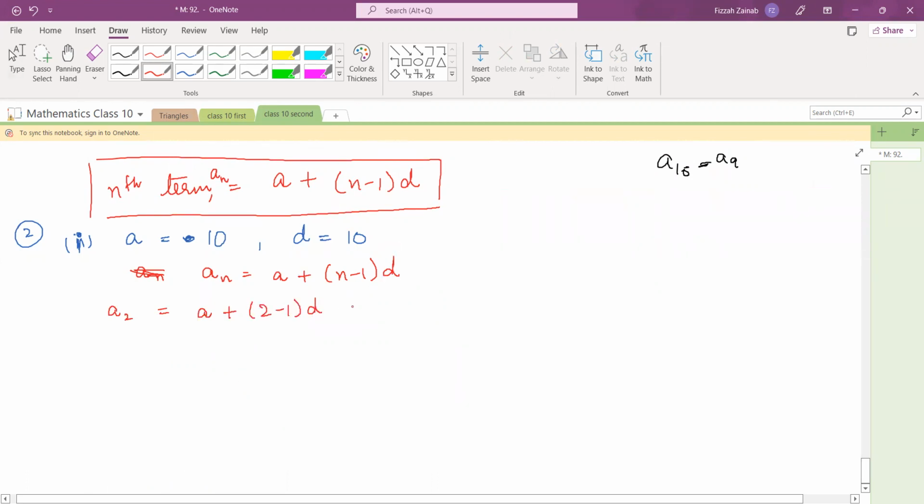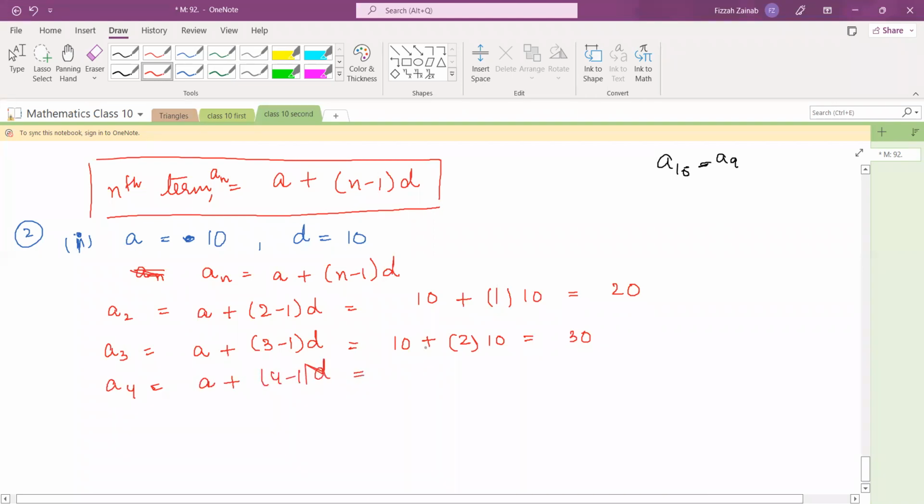Put the values: a is 10, plus 1 into 10, so that becomes 20. Find a3 now: a plus 3 minus 1 into d, 10 plus 2 into 10, that is 20 plus 10, 30. Then a4: a plus 4 minus 1 into d, 10 plus 3 into 10, that becomes 40.